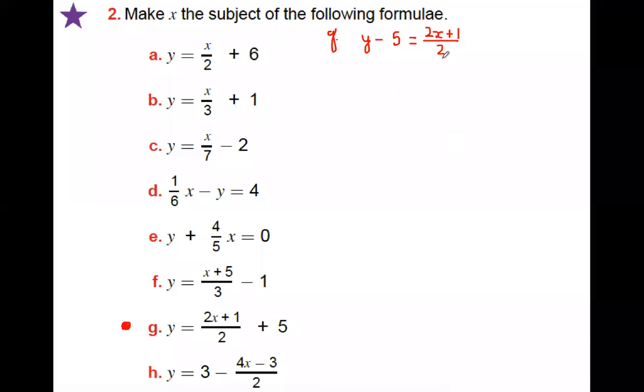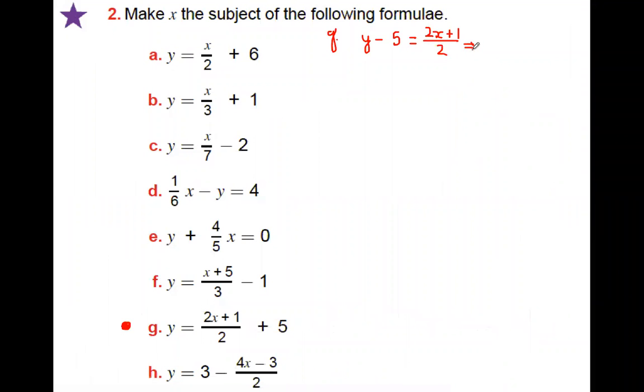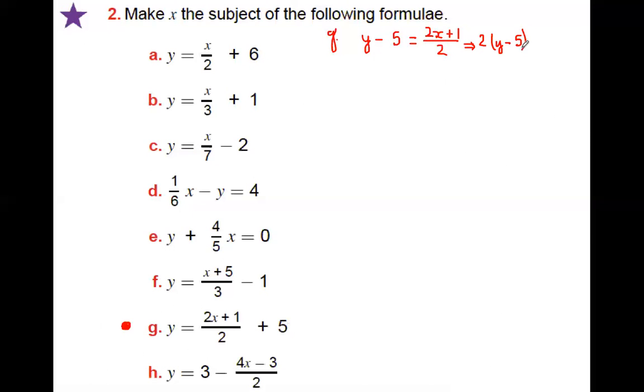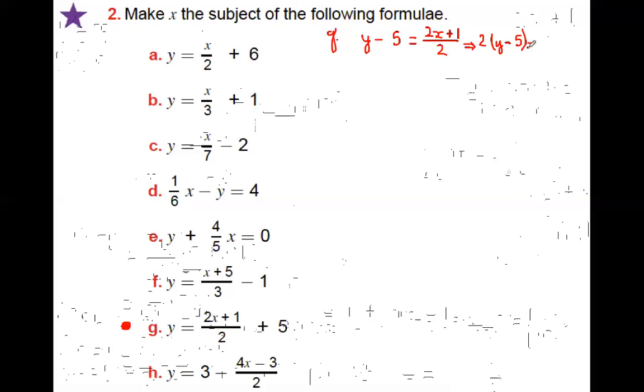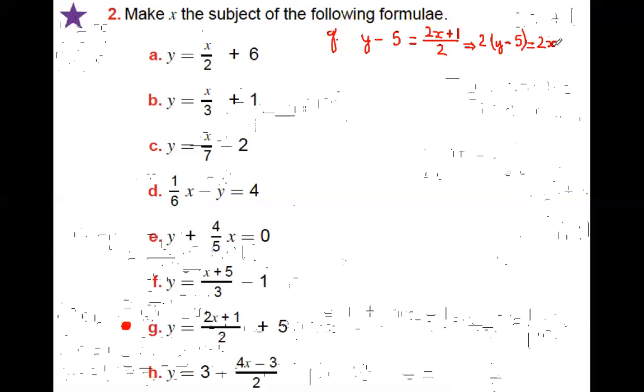What's the opposite of dividing by 2? Multiplying by 2. By multiplying both sides by 2, we get rid of that divide by 2. Then we end up with 2 times, open the bracket, y minus 5, because we're multiplying that whole side, equals 2x plus 1. Now we've got rid of the fraction, and things are looking a bit easier.